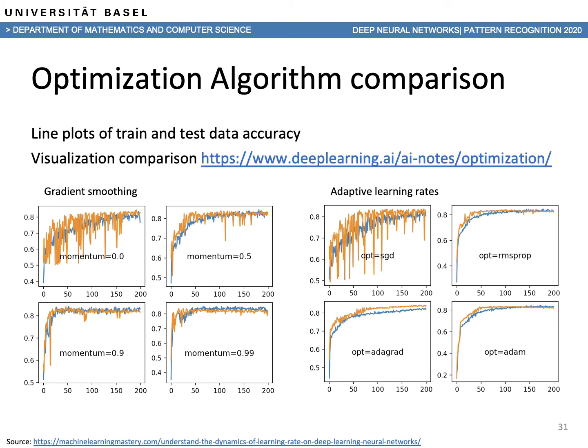So here on the slide is just one example of the training, and what you see is both the training and the testing data, so the orange and the blue here.